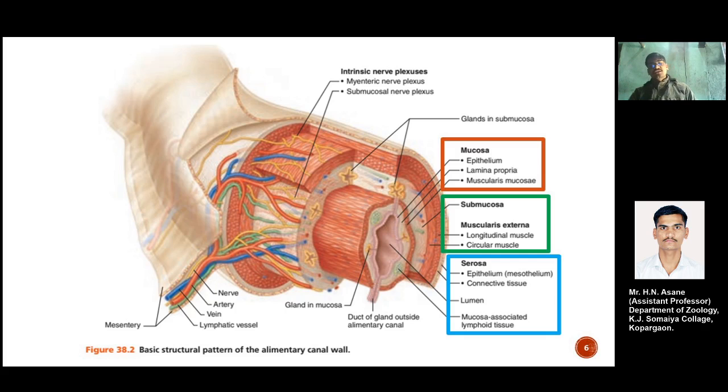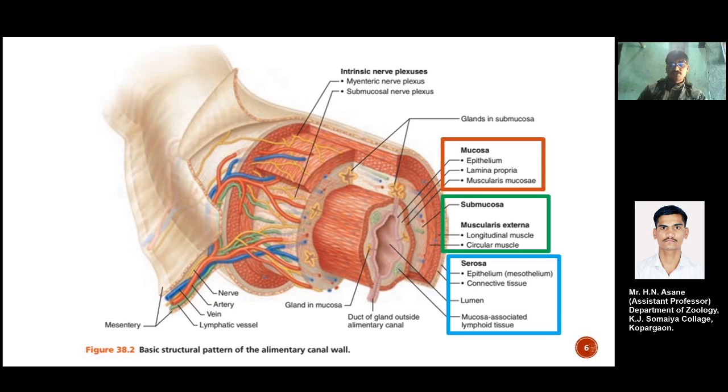The basic structure pattern of the alimentary canal wall is what you see in this picture. These are the intrinsic nerve plexus, and you will see all these things in the layers, such as the serosa layer, and the glands of the submucosa.